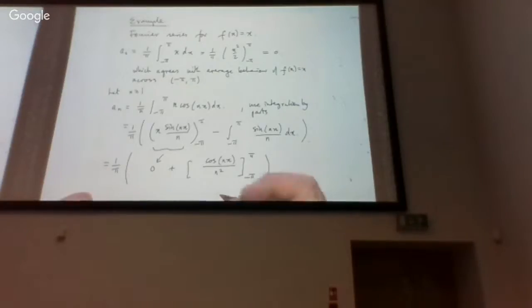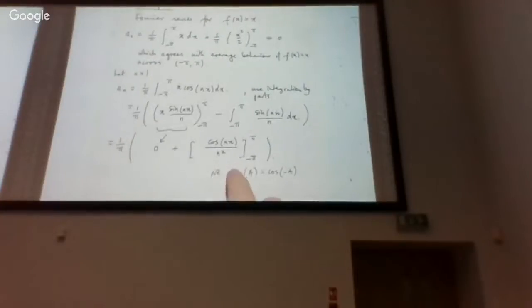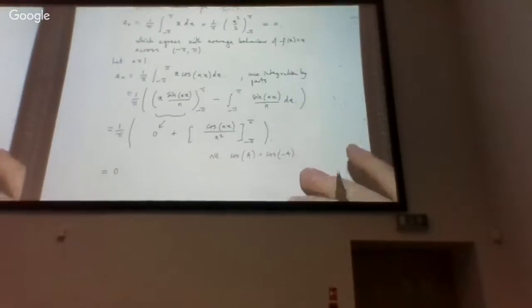Cosine of any a is always equal to cosine of minus a. Cosine is a symmetric function, an even function is the technical term for it. So here we're just subtracting either plus 1 from itself or minus 1 from itself. So again, you get 0. So you get, hey ho, a big uninteresting 0.